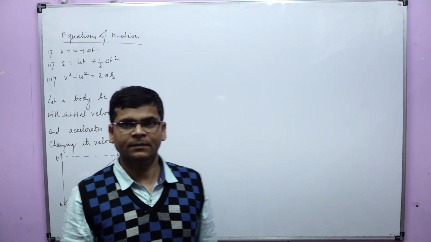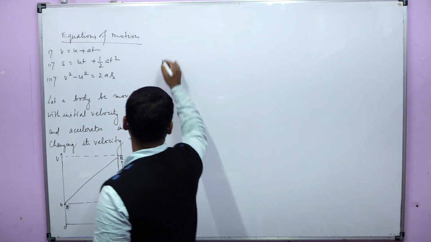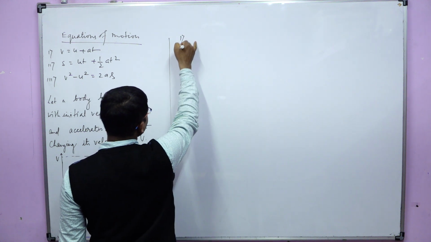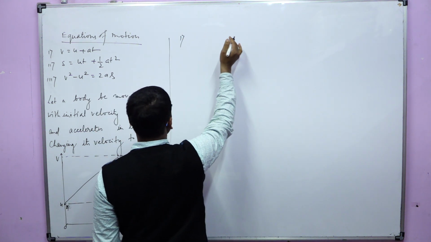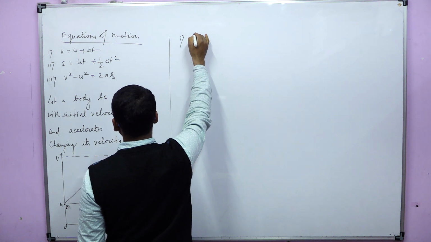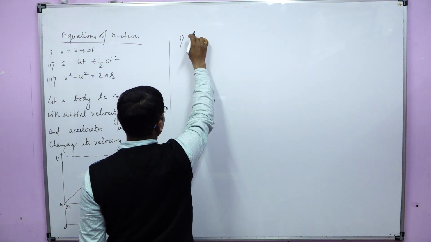Now, let us take the first part. The first part is how to derive v is equal to u plus at.